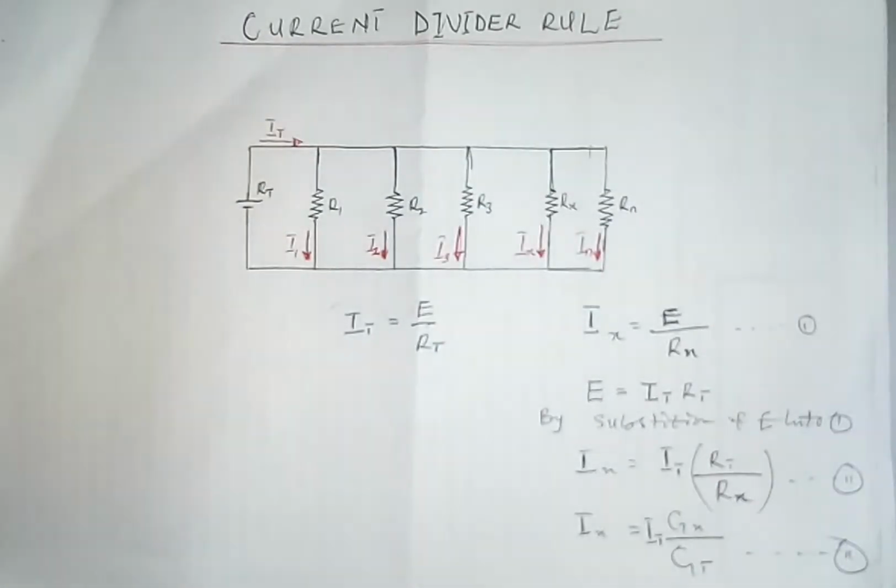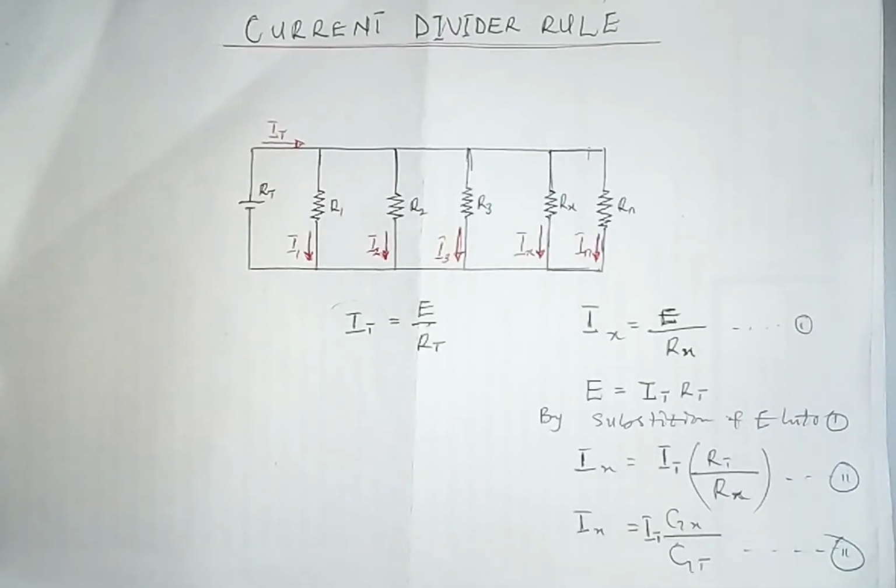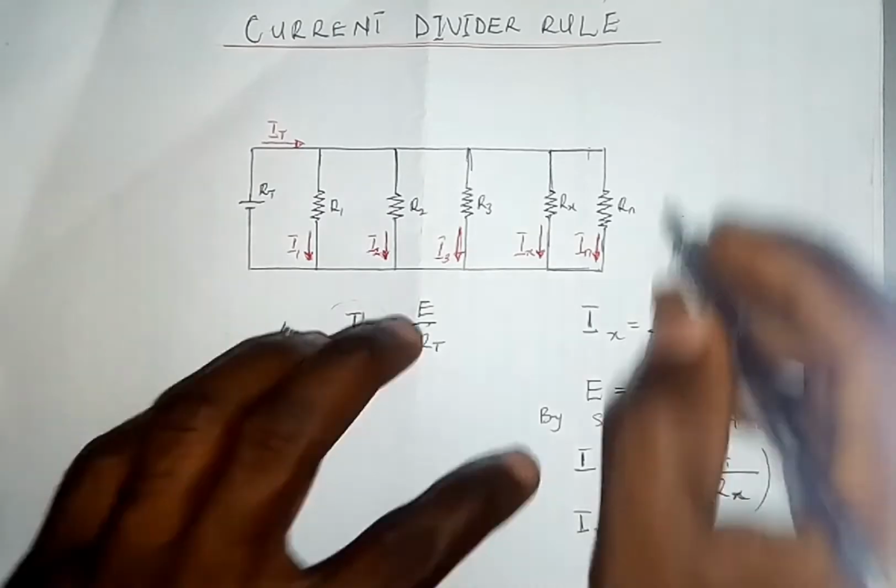Notice the similarity between the voltage divider rule, which has to do with series circuit components only, and the current divider rule, which has to do with parallel components only. We should take note of that. The VDR, voltage divider rule, deals with series circuits, while the CDR, current divider rule, deals with parallel circuits.